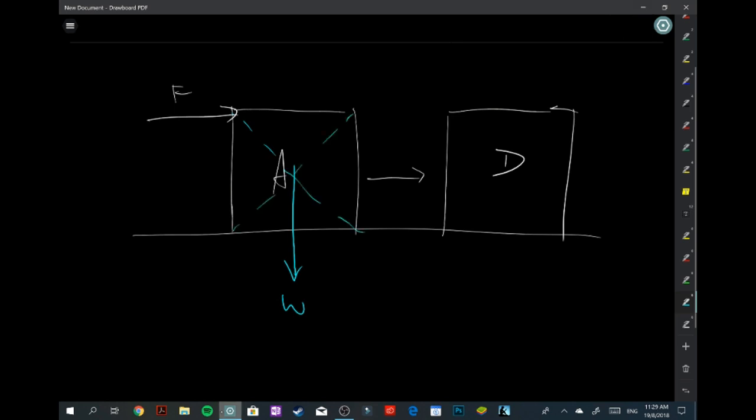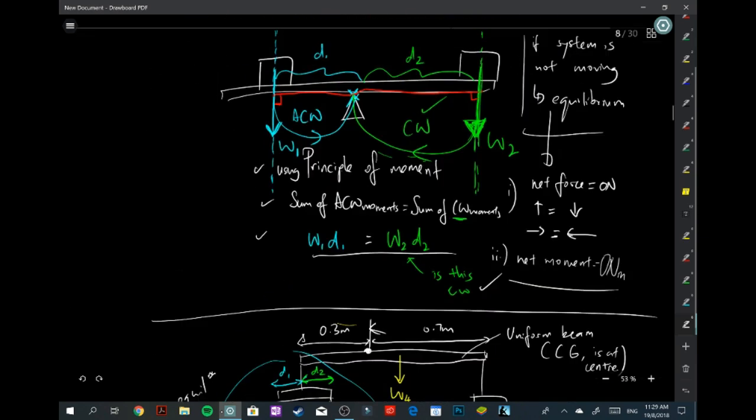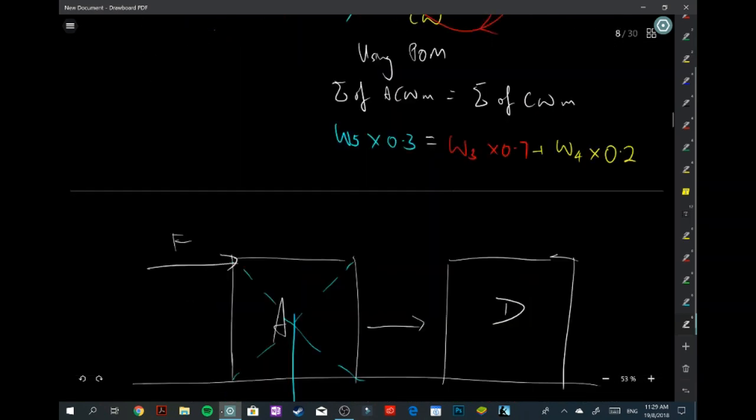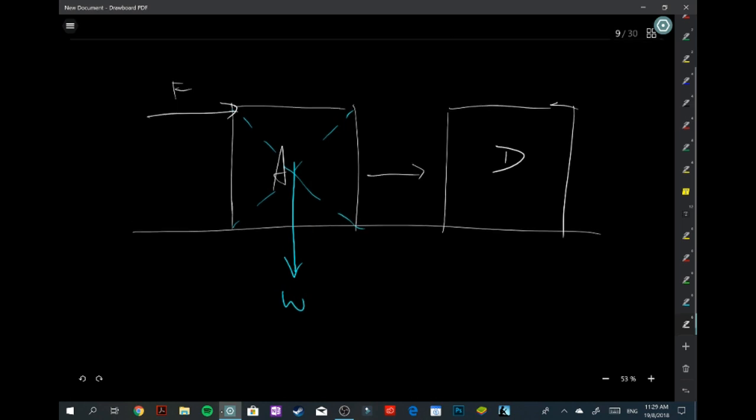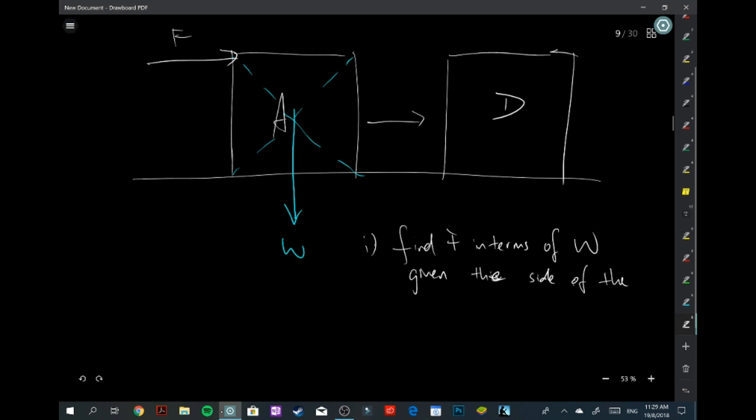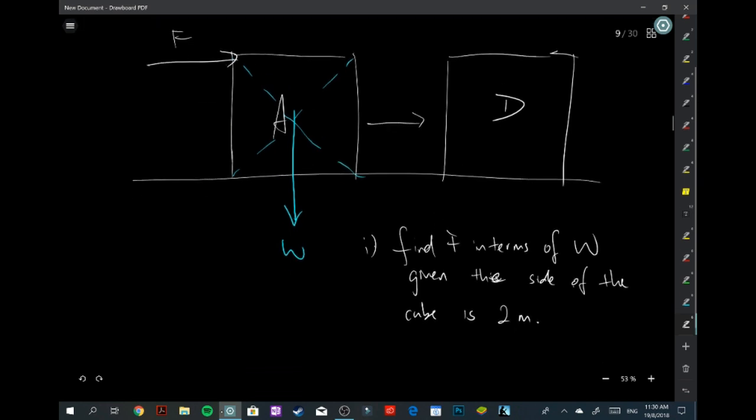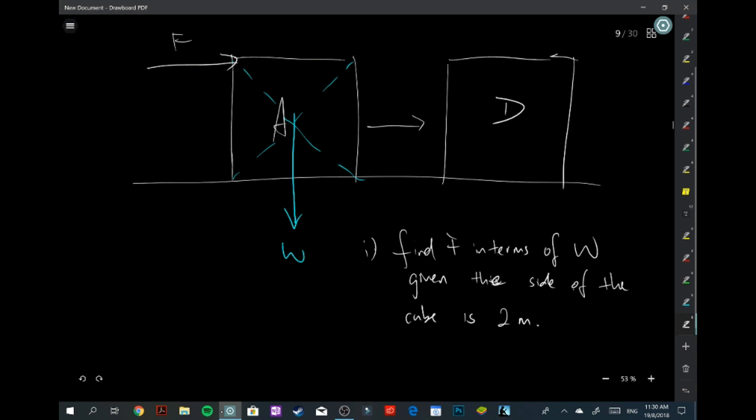What we're going to do here is we're going to use the methods that I taught you all, these three methods, to do this question. Basically the question is find F in terms of W, given that the sides are L. So find F in terms of W, given that the sides of the cube are L meters.